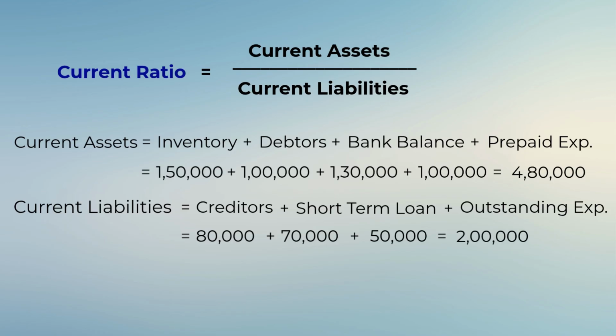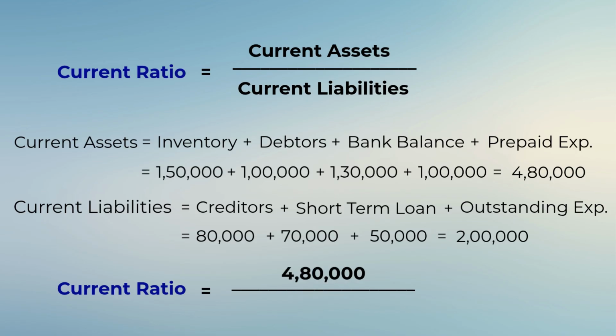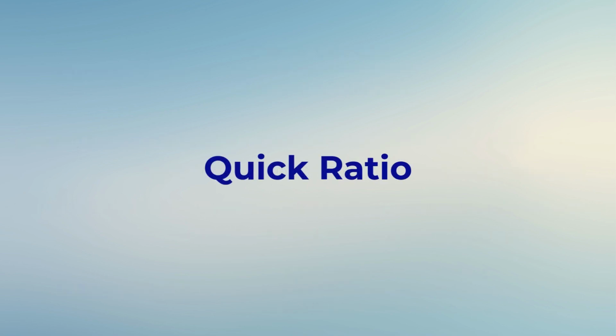Thus, current ratio is equal to 4,80,000 divided by 2 lakhs, which is equal to 2.4 divided by 1. Thus, the company has 2.40 rupees in current assets for every 1 rupee of current liability, which shows a good liquidity position.